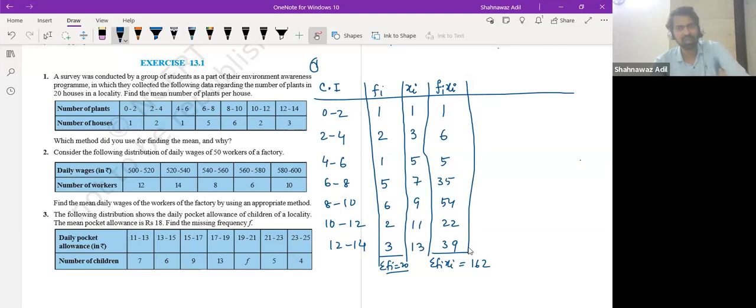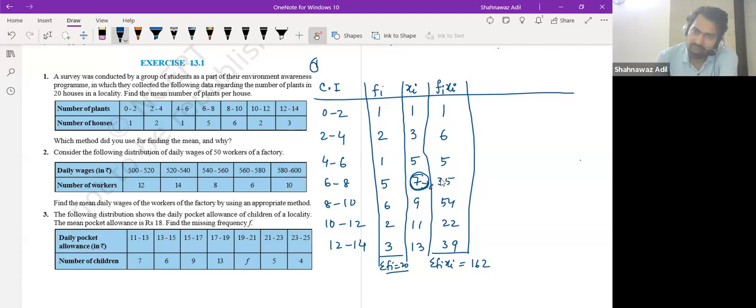And then this is already over, right? We have used the direct method, but I want to show the other methods as well, so that you guys can remember that. So for the assumed mean method, we have to assume some mean. So let us assume this is the mean, 7, right?